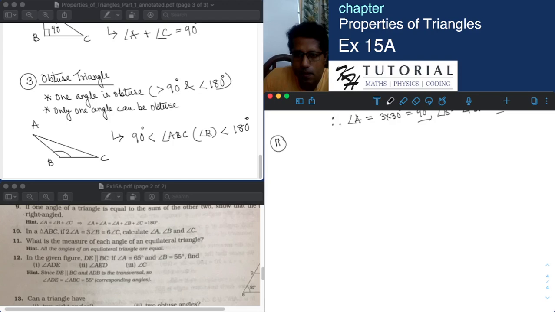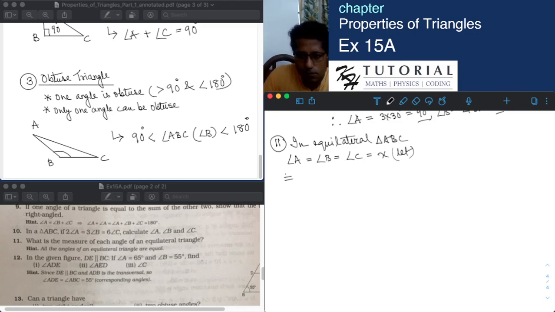Now, why? In equilateral triangle ABC, all the angles are equal. Angle A is equal to angle B equals angle C. Let's say the angle B is x.